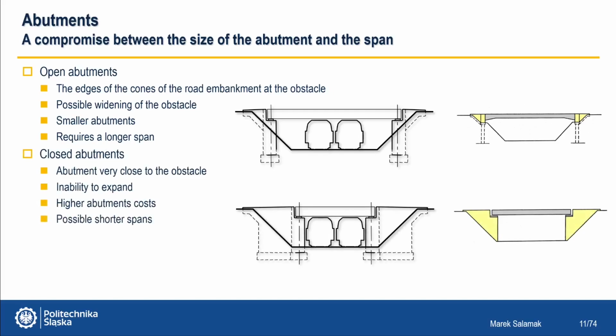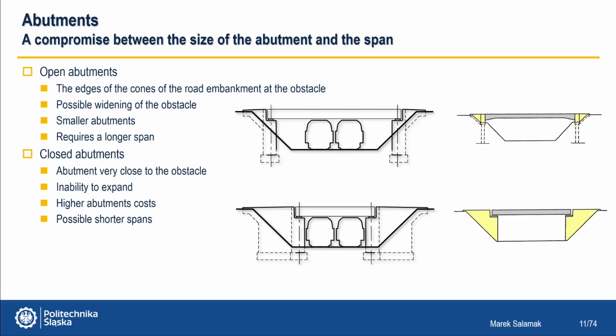In the case of closed abutments, the abutment's walls are already next to the obstacle, and it is practically impossible to widen the road or to increase the track gauge. The dimensions of the abutments are larger, and it will be necessary to use more material for them.